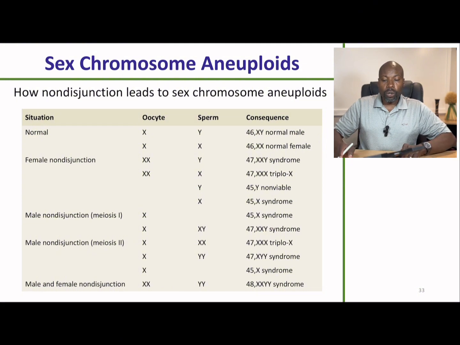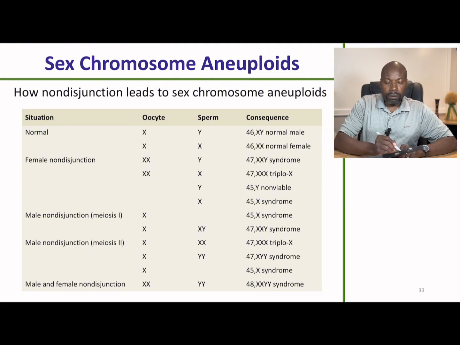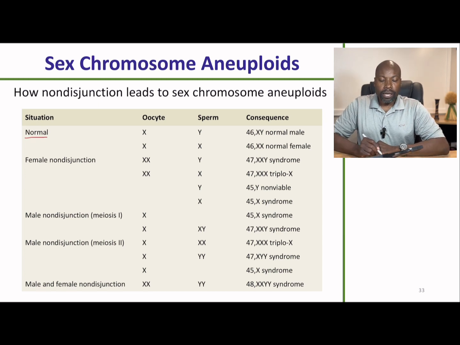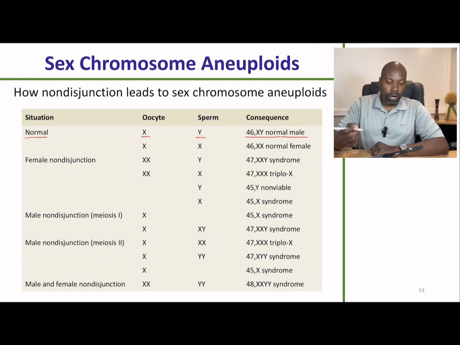All right. So in the normal condition, an individual is going to have an X and a Y for a male. A female is going to be X and X, so 46,XX, that's normal.